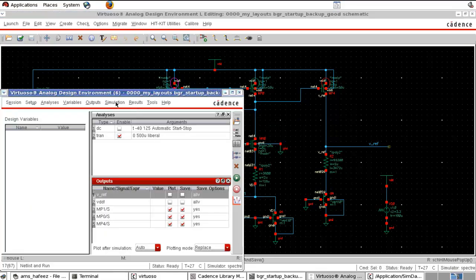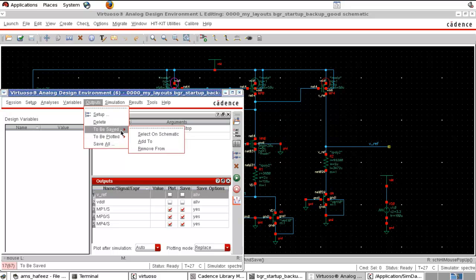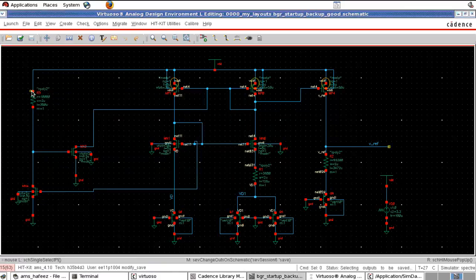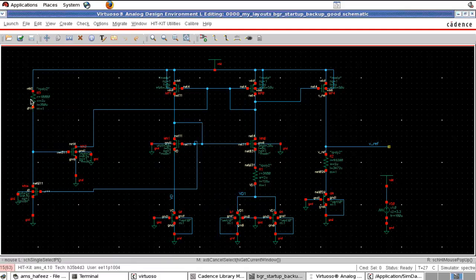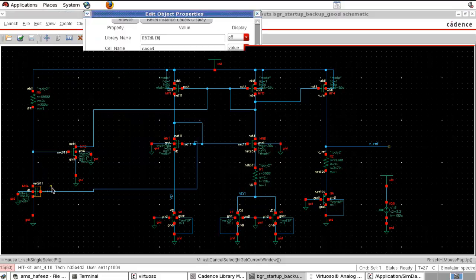We need to save all the current. So output to be saved, select on schematic. So we designed the startup circuit, and we said we need a big resistor over here and big NMOS.